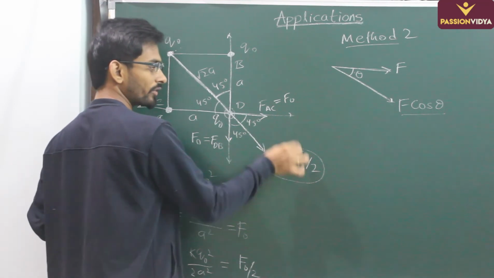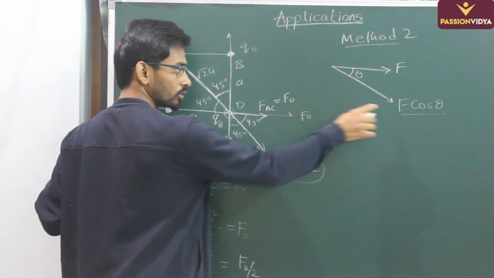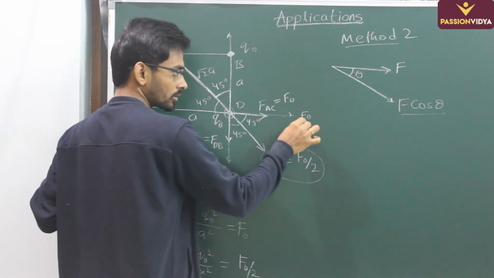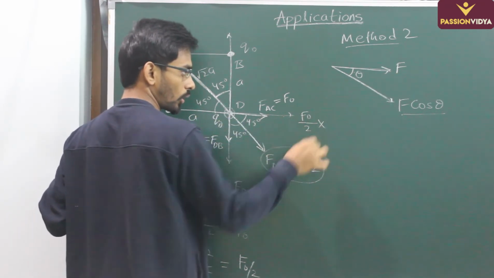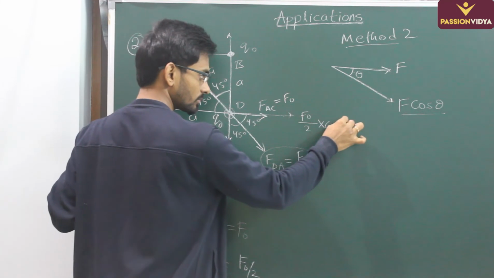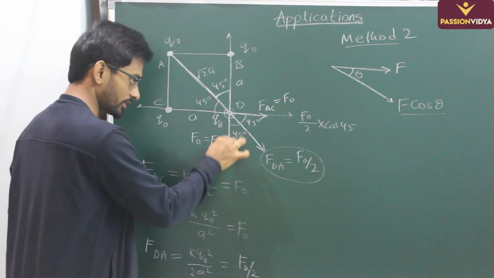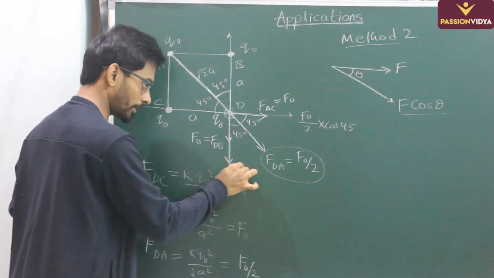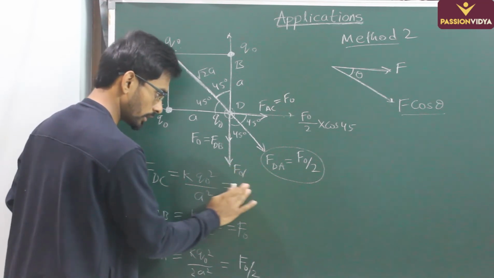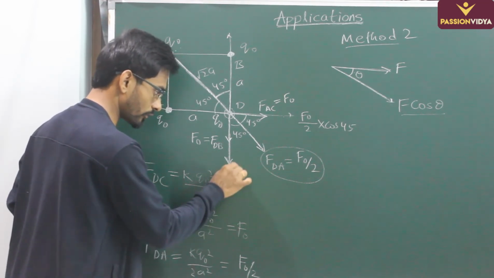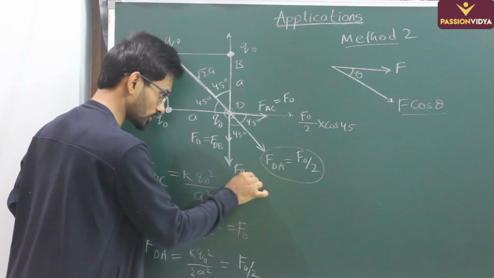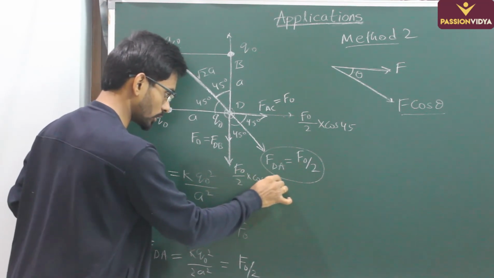Now the component of this one in this direction is F cos theta, so here it is F naught by 2 into cos 45. Similarly in this direction, F naught by 2 into cos 45. So these are the two components.